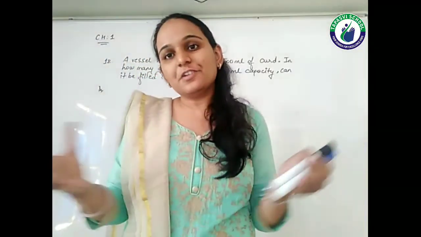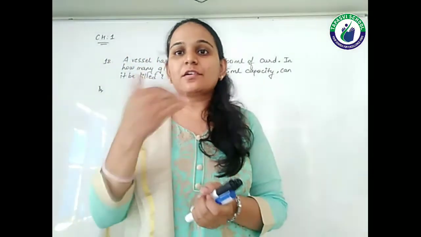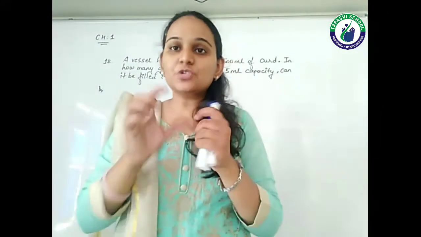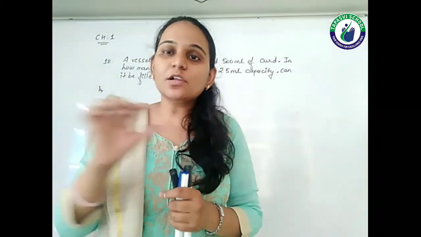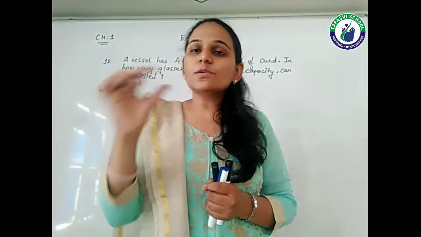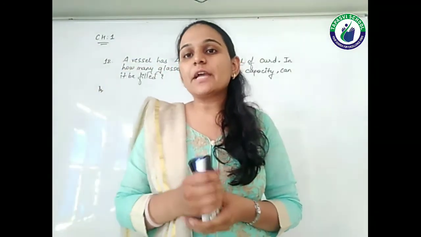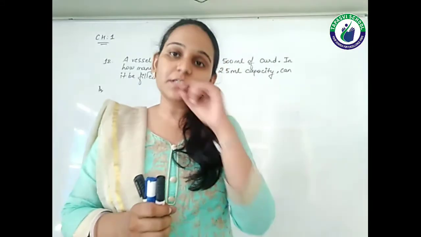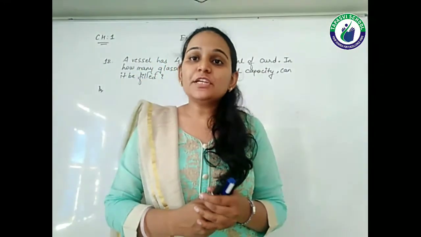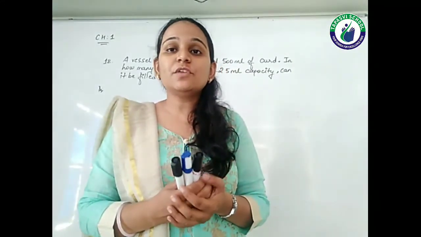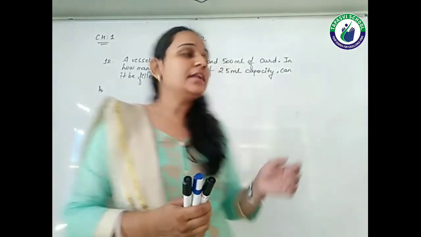Now see the curd is there, so we cannot eat the curd like this, right? We need to put the curd into particular small containers, right? So the small glasses are there. Now what is the capacity of that glasses? The capacity of the glass is 25 ml, right? So first of all we need to convert the units, right?